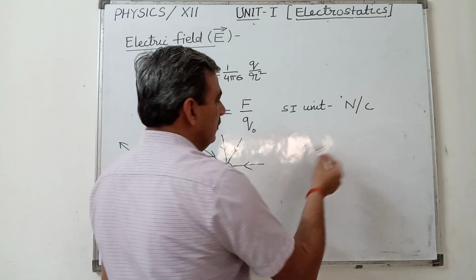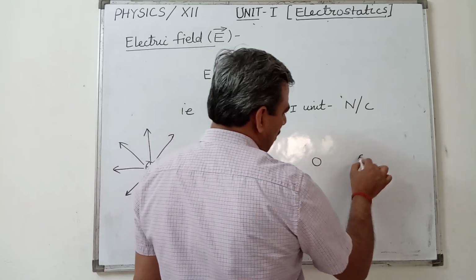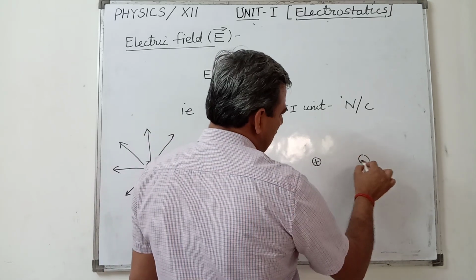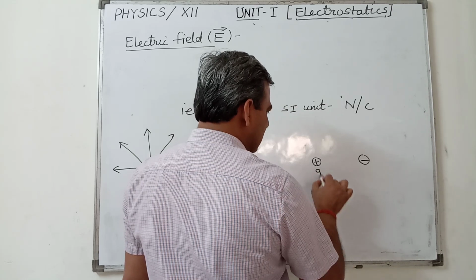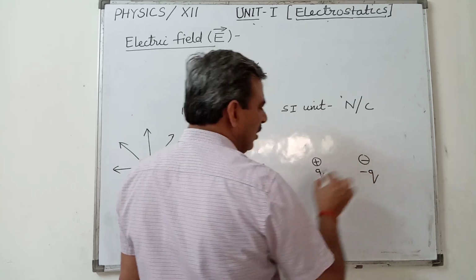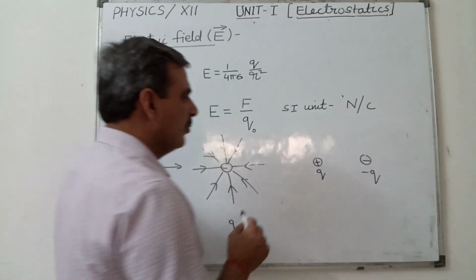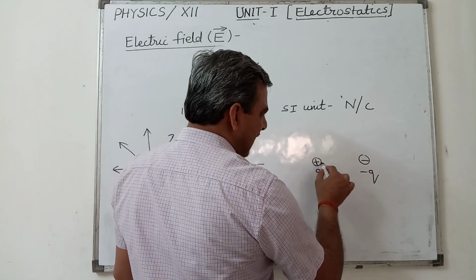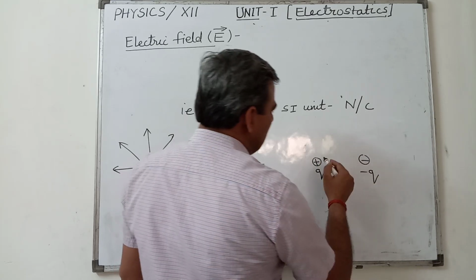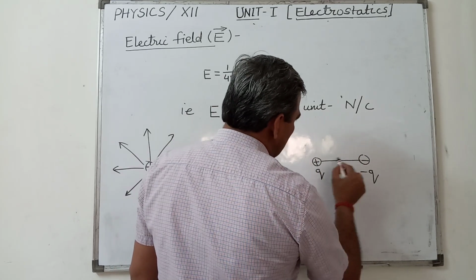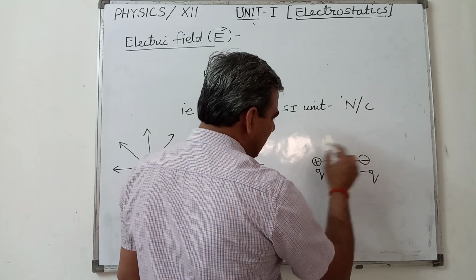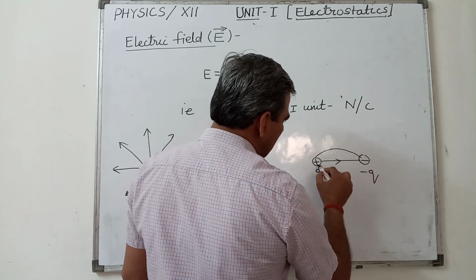If you have a positive and a negative charge both, you may consider this a dipole. This charge is say Q, this is say minus Q. What kind of field line pattern is there around this combination? As these two charges attract one another, field lines come out from the positive charge and enter into the negative charge.